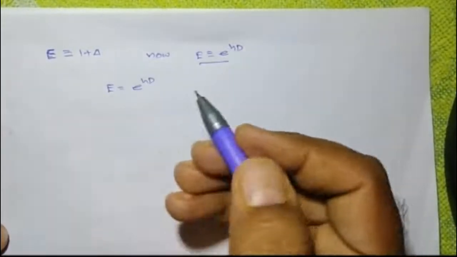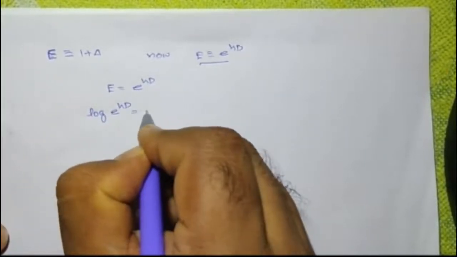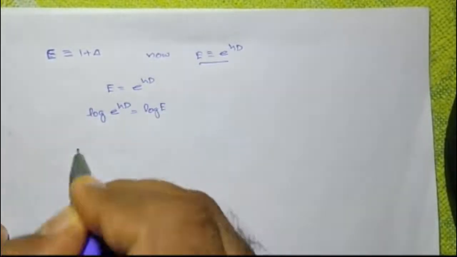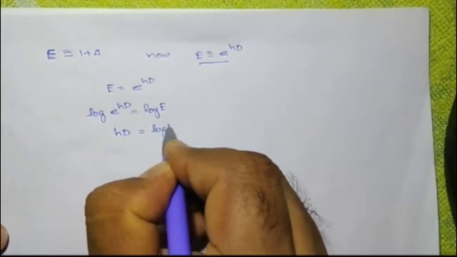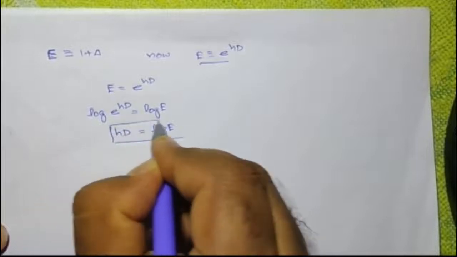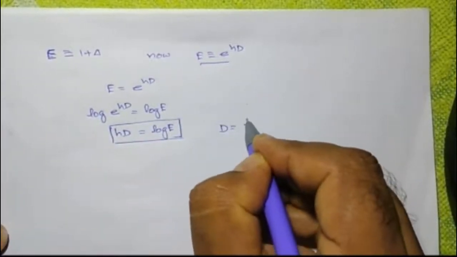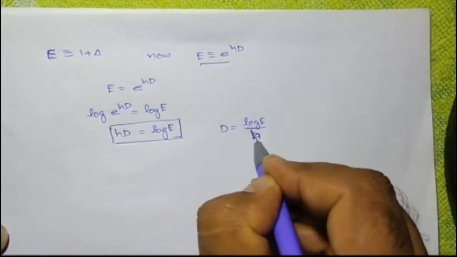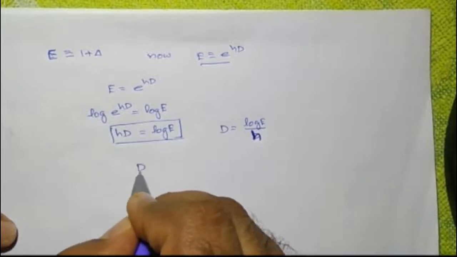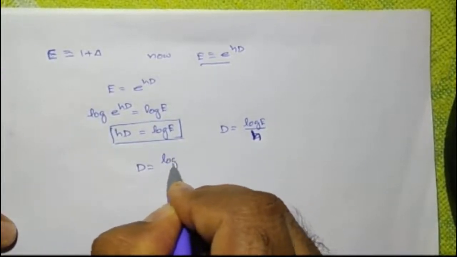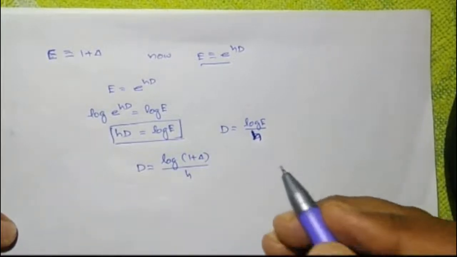Taking logarithm on both sides, log e raised to hD equal to log E, or hD equal to log E. So this is one relation. From this we may write D equal to log E by h, or we may write D equal to log 1 plus delta by h. This is another way of writing this.